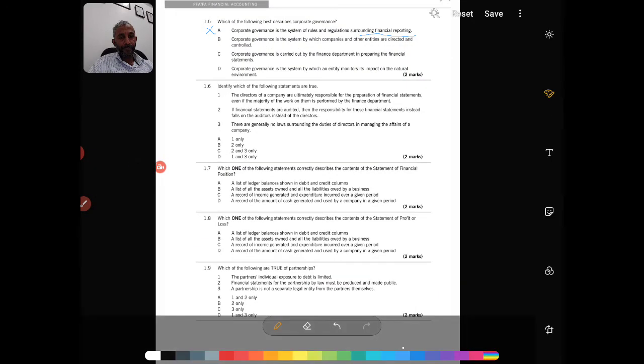B, corporate governance is the system by which companies and other entities are directed and controlled. Obviously, that is the straightforward definition of corporate governance. So that is the answer. C, corporate governance is carried out by the finance department in preparing the financial statement.